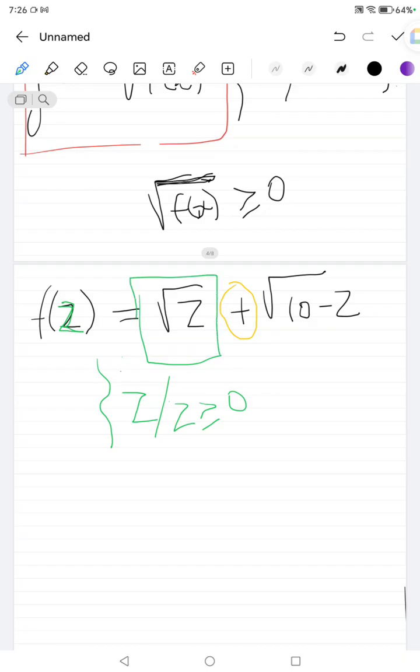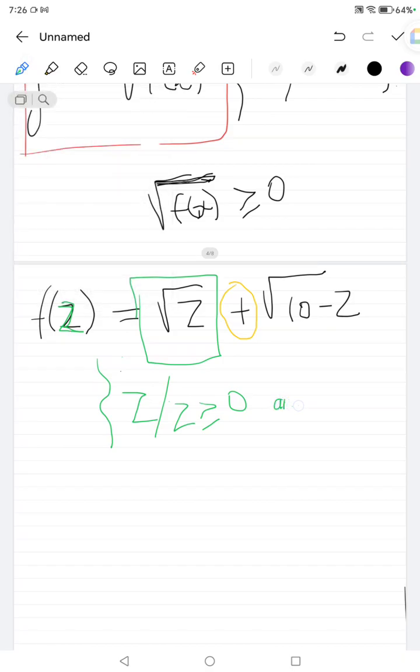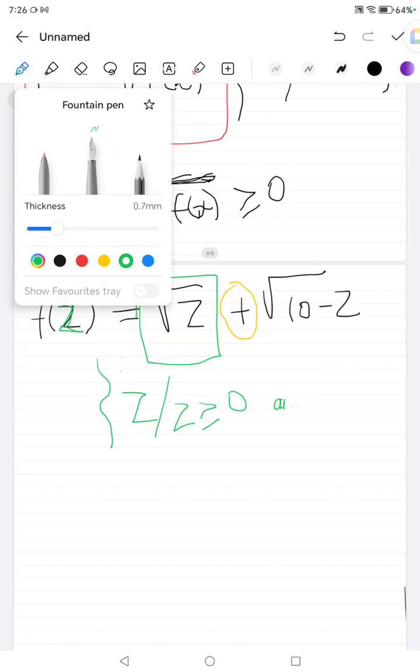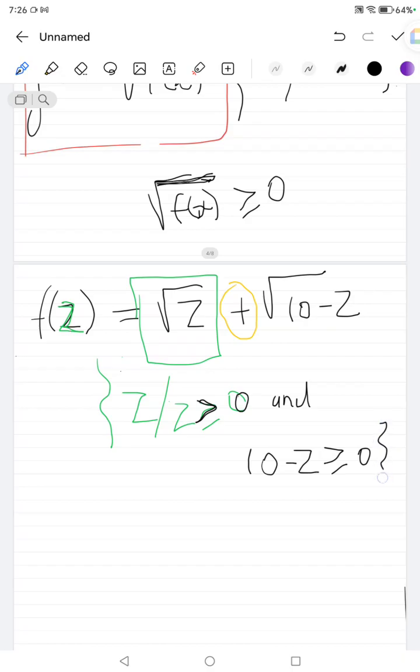Then we'll say and, to consider the other portion. Sorry about that. Let me see, and this side we have the 10 minus z being greater than or equals to 0.